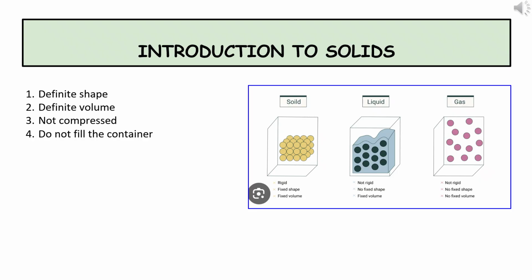For example, a cube has a definite shape and cannot be turned into something else. Or take a mobile phone: it has a definite shape, a definite volume, and it cannot be compressed. I mean, it can be, but if we do compress it, it is no longer a phone. It would be broken.